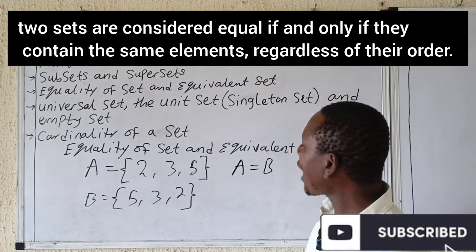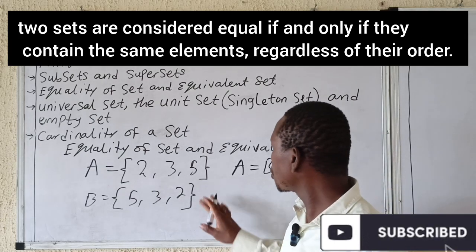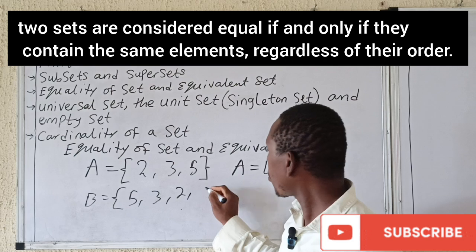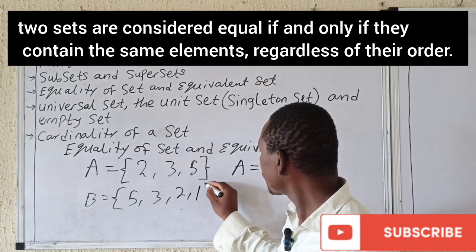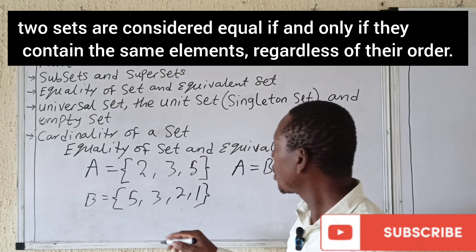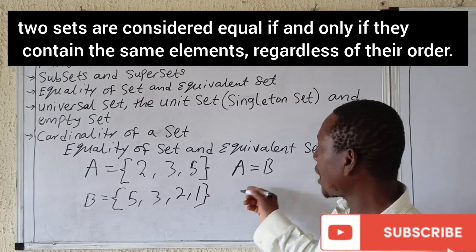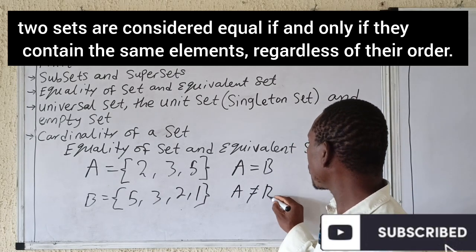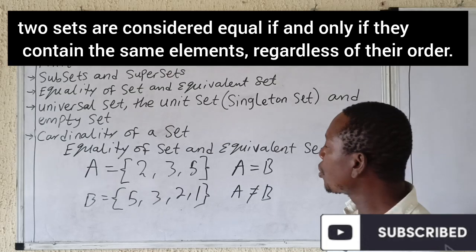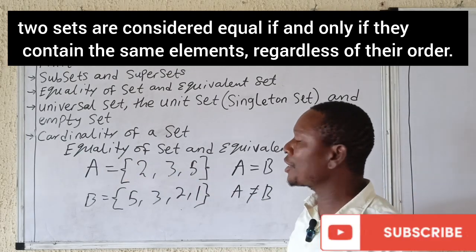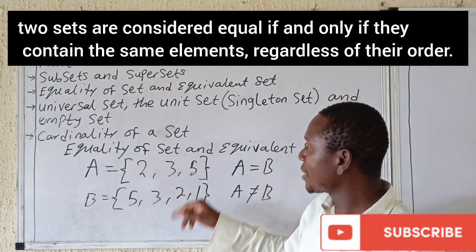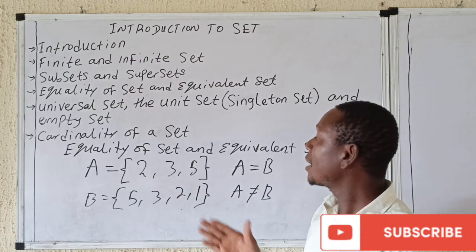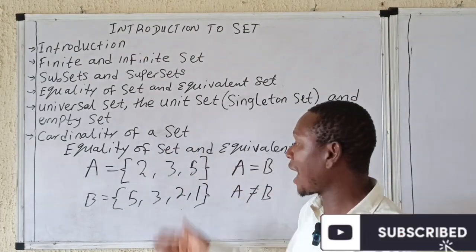B. But if I decide to add just one element to this set B, we can now say set A is not equal to set what? B. So please note that set A is equal to set B if the elements in A are actually the same elements in B, irrespective of the order in which they are arranged.